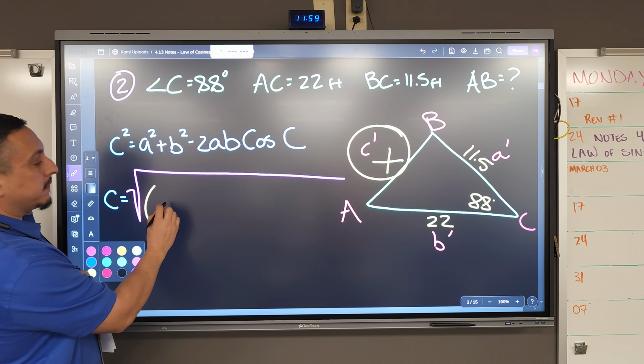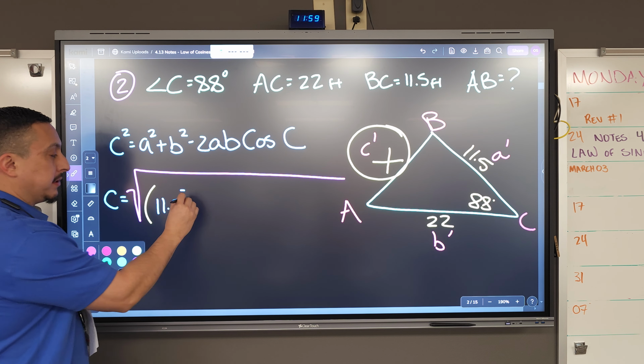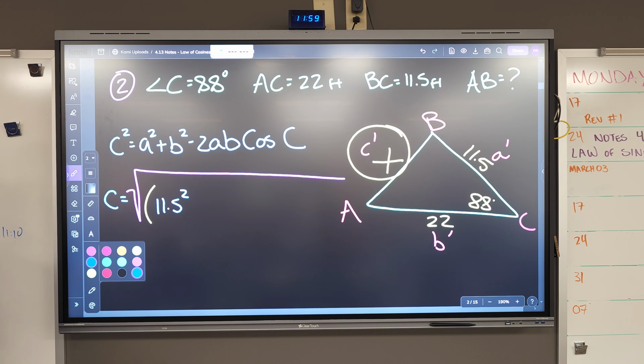Be real careful when you're plugging stuff in. It's like those toddler toys, right? The circle only fits in the circle hole, the triangle only in the triangle hole. Only put the letters where they go.